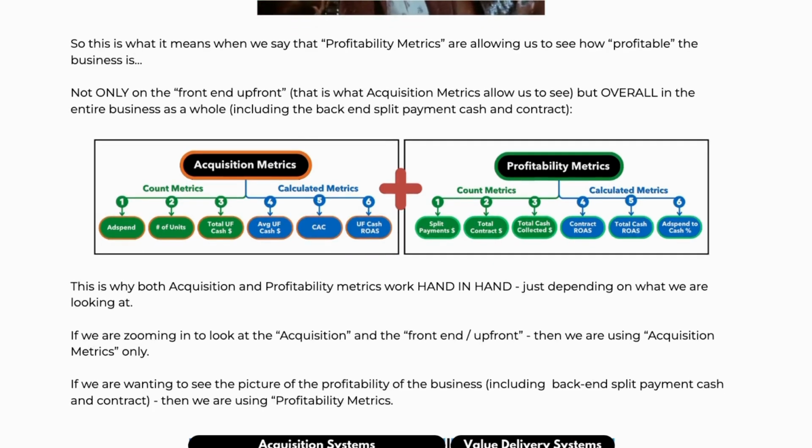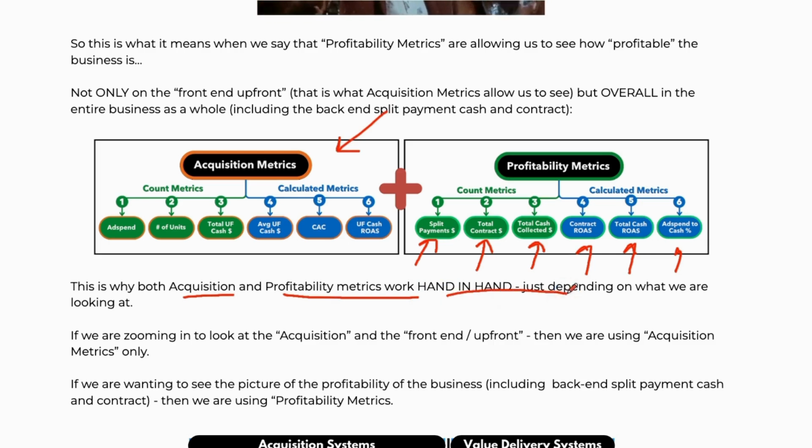That's why when we define them, you'll see split payments, total contract, total cash collected, contract ROAS, total cash ROAS, and ad spend to cash. These are some of the profitability metrics that we will be talking about. This is why the acquisition and profitability metrics have to work hand in hand.